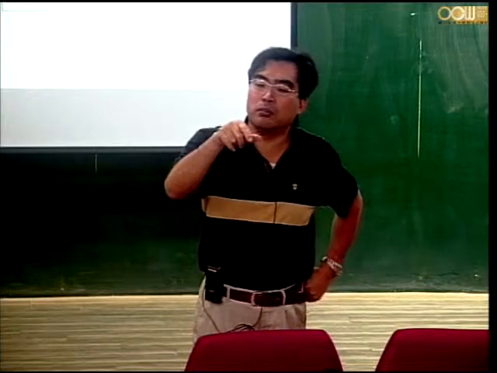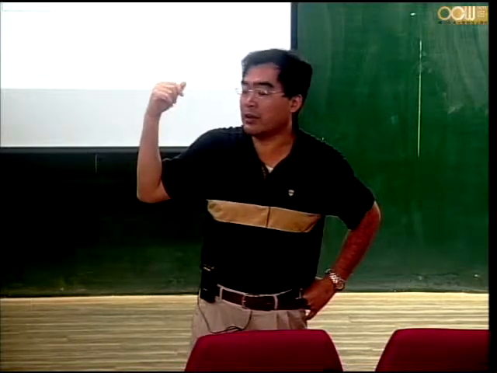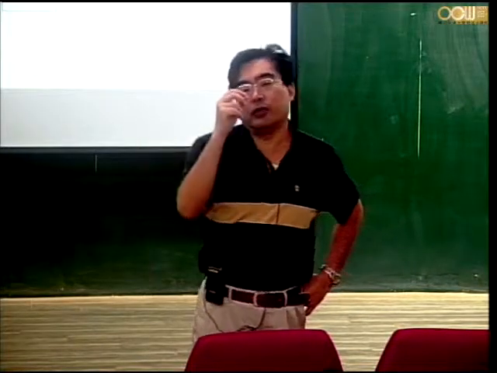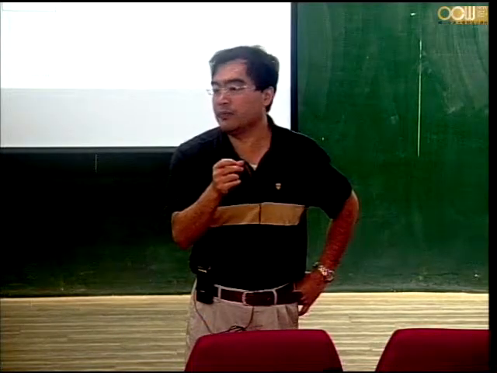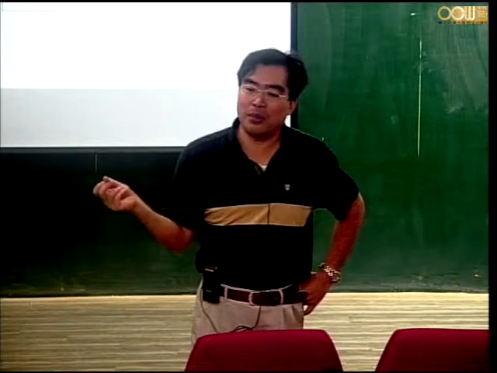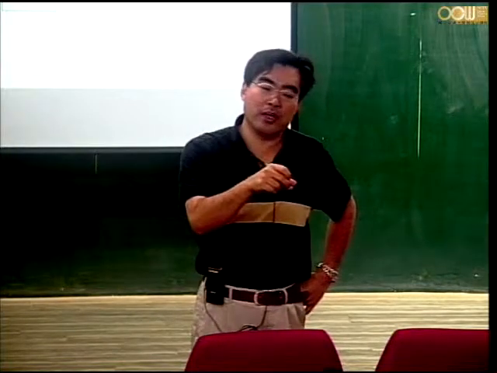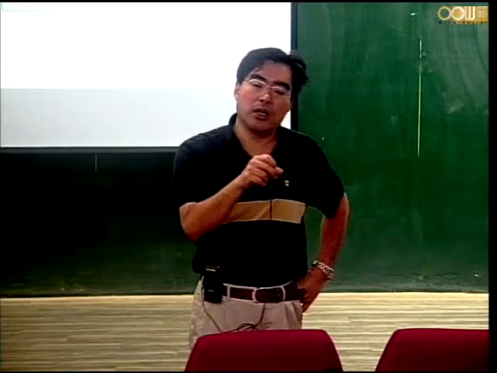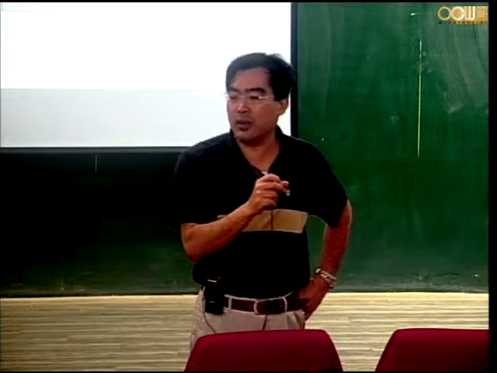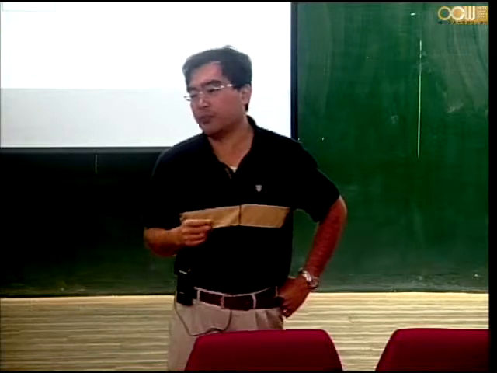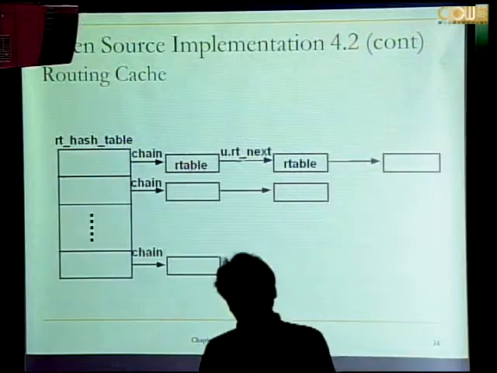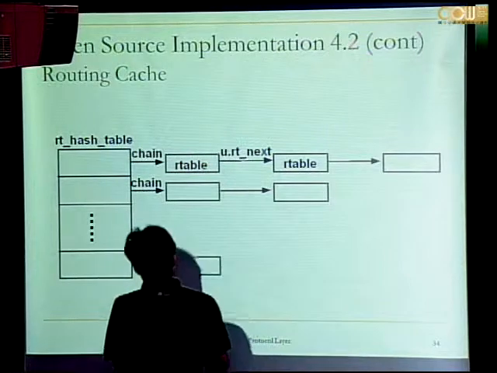Then the cache entry might time out, so that the 51st packet would have cache miss again, and then look up the FIB table again, and then insert into the cache table, so that the 52nd packet would then have a cache hit again. So those entries would have a timeout value associated.